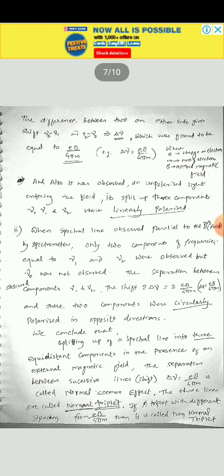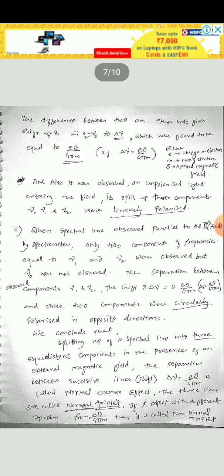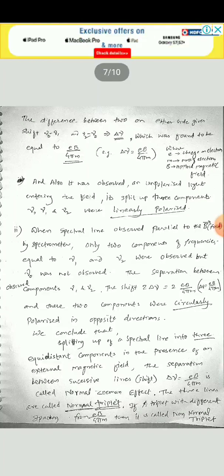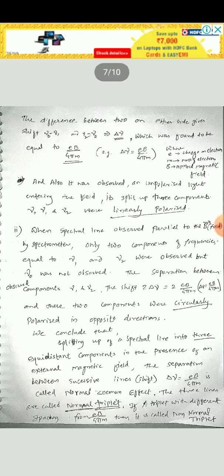If three lines are detected, but the distance between successive lines is not equal, that is not eB upon 4 pi m, then such a triplet is called a non-normal triplet. If the difference delta nu equals eB upon 4 pi m, that is called the normal Zeeman effect, or normal triplet. And if the spacing is not equal to eB upon 4 pi m, then it is called a non-normal triplet.